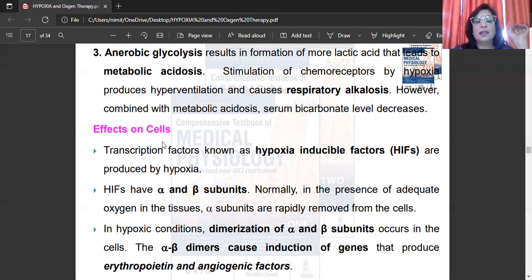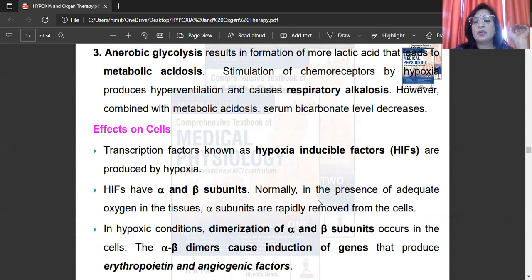Then at the cellular level, transcription factors known as hypoxia inducible factor, HIF, are produced by hypoxia. They have alpha and beta subunits. Kindly note, alpha and beta subunits.